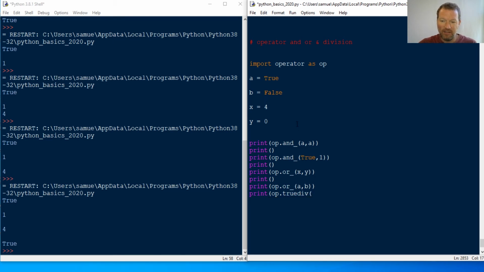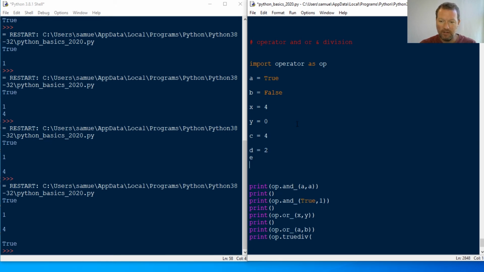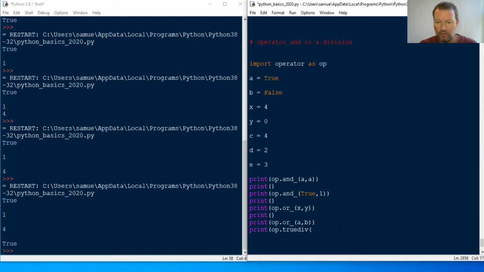Here I want to do C equals 4. I guess I could have left that as X. Then D equals 2, and E equals 3. Let's look at true division. I'm going to do C and D.